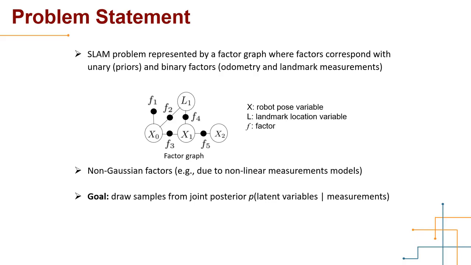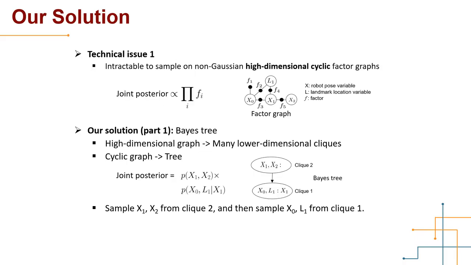Note that those factors can lead to non-Gaussian posteriors, as we mentioned earlier. The goal of this problem statement is to draw samples from the posterior distribution. Since the joint posterior is proportional to the product of factors, that product will be our target density for sampling.